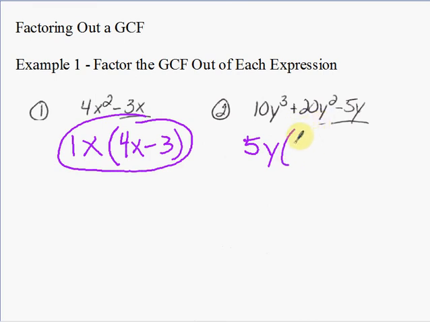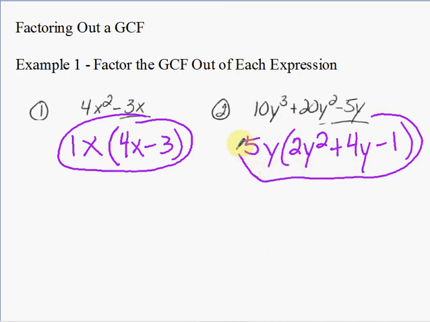And 5y times what gives me 10y cubed? Well, that would be 2y squared. Right? Remember, this has a 1 and this is a 2. They add up to 3. Plus 4y minus 1. And if you were to distribute the 5y into those parentheses, you would see that we got what we originally started with.